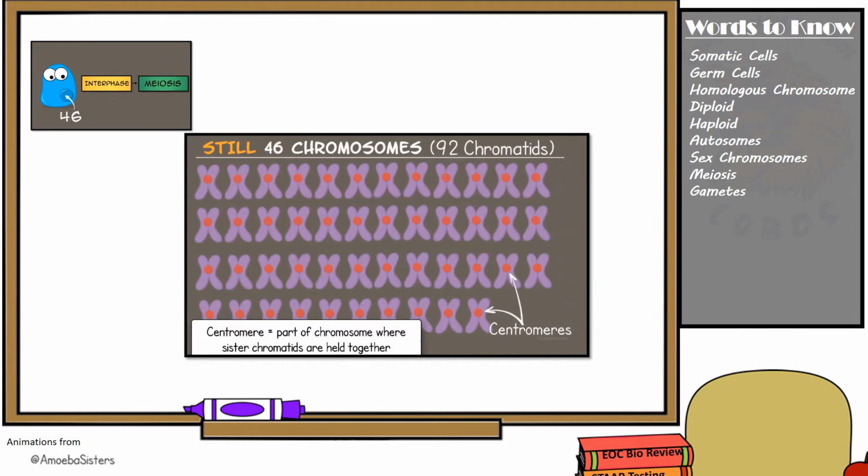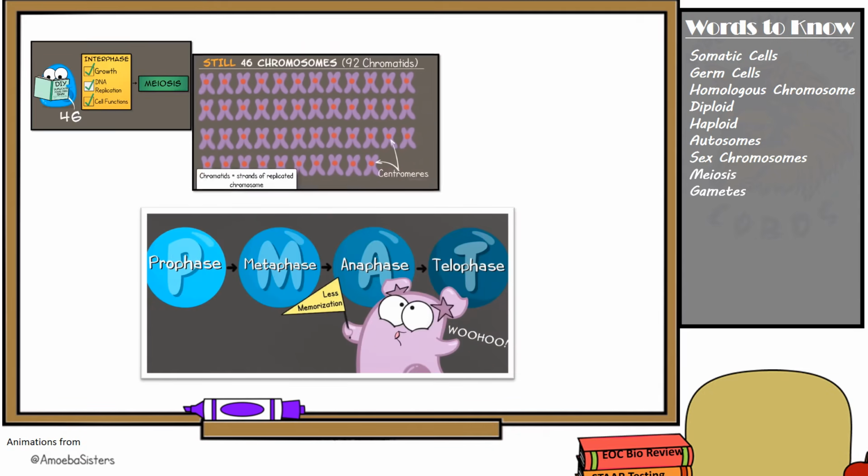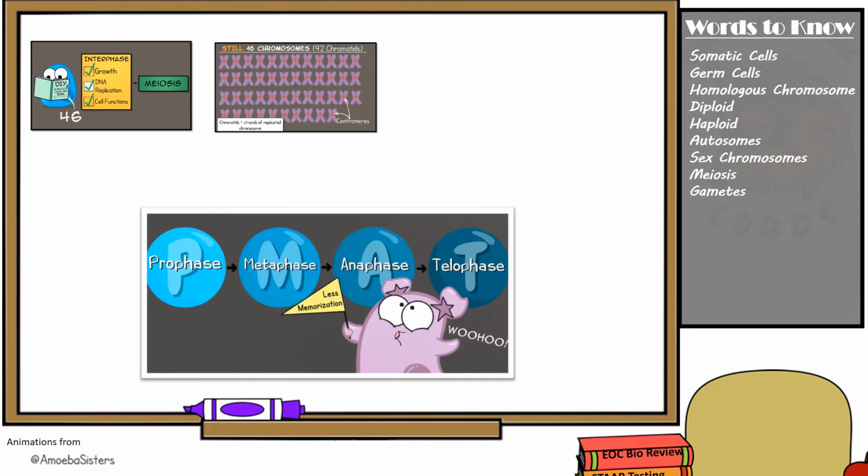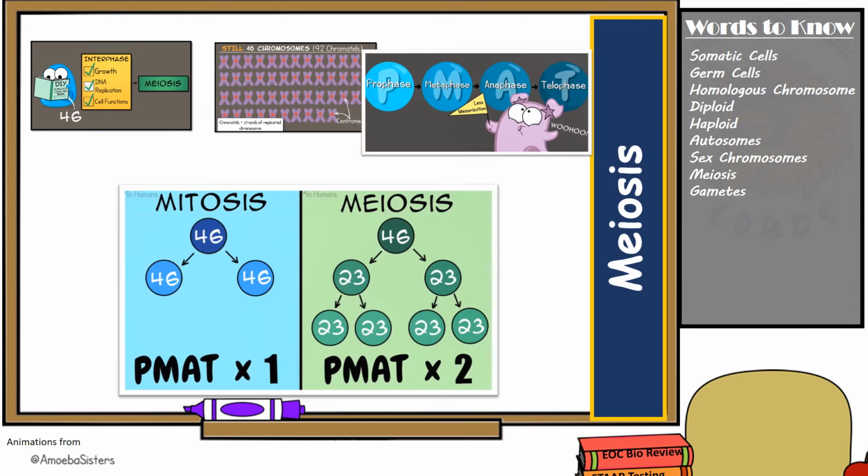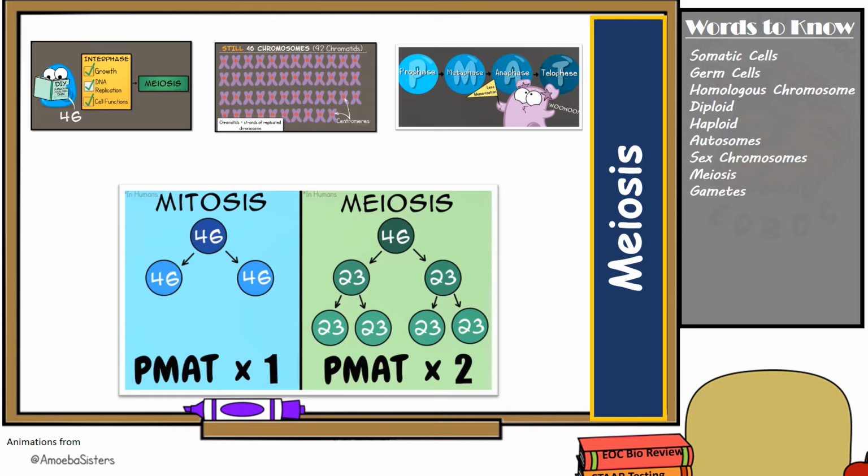So now you have 46 chromosomes and 92 chromatids. Now, if you remember from mitosis, this cell division involves four major steps: prophase, metaphase, anaphase, and telophase, which are referred to as PMAT. This is also seen in meiosis, except there are two rounds of division known as meiosis 1 and meiosis 2.